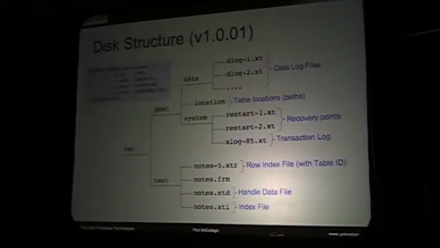So if we look at the structure of PBXT on the disk, this will give you an overall idea of what's there. We create a table, something like this, and insert a bunch of rows.